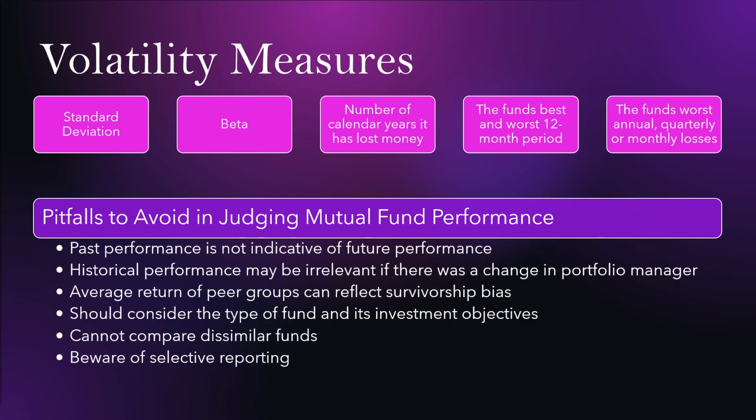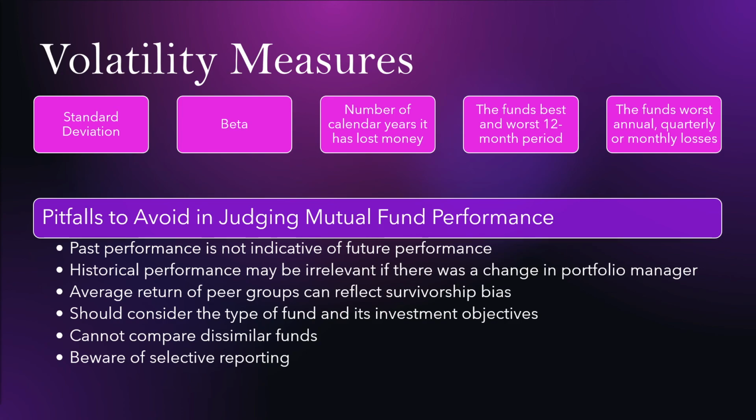And you should also be aware of selective reporting. For example, if you are looking at a report that is showing a certain rate of return, they might pick even the best period of return. A great example would be if you're looking at the 1-year return for a mutual fund measured from the bottom of the market in 2020, so let's say March of 2020 to March of 2021.